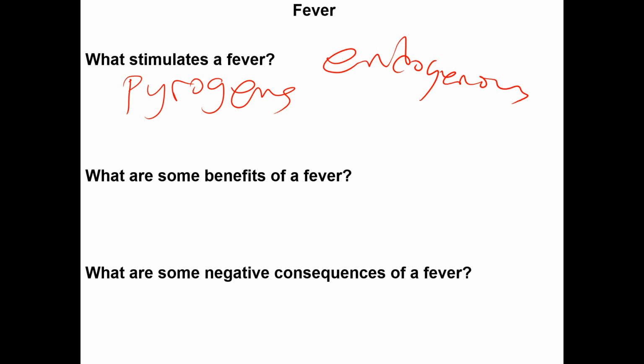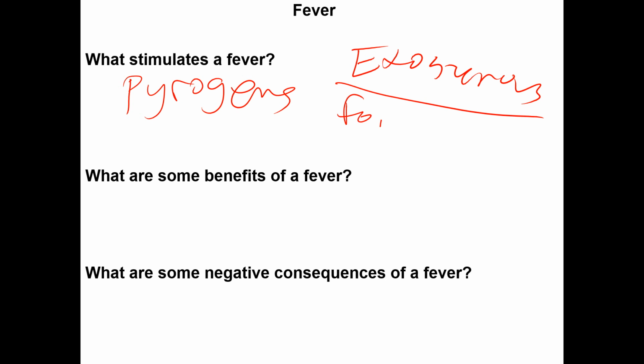You have chemical mediators like interleukin 1 and tumor necrosis factor alpha, which function as endogenous pyrogens. But then you also have pyrogens that are exogenous. So these are going to be basically foreign antigens.